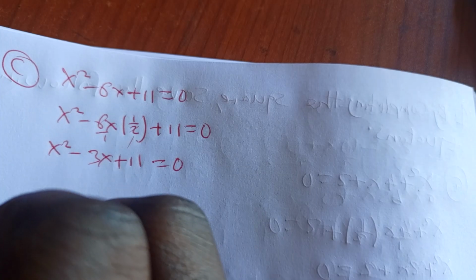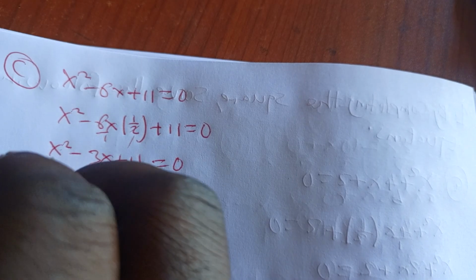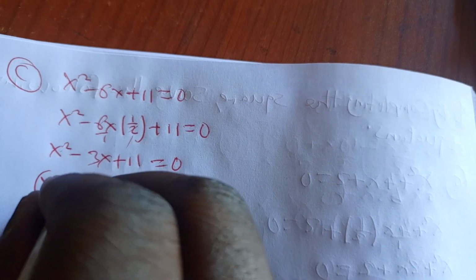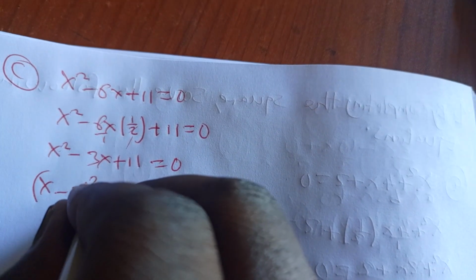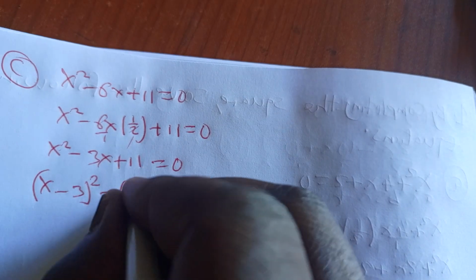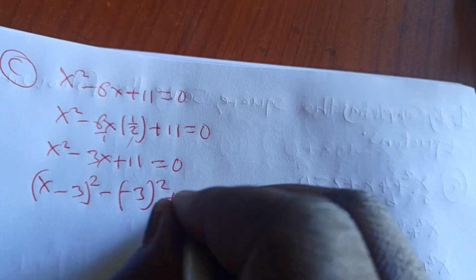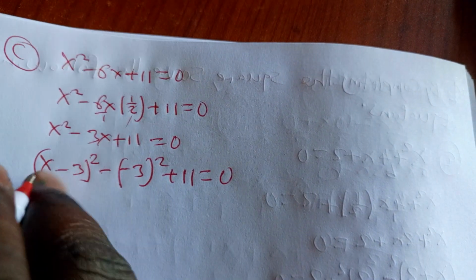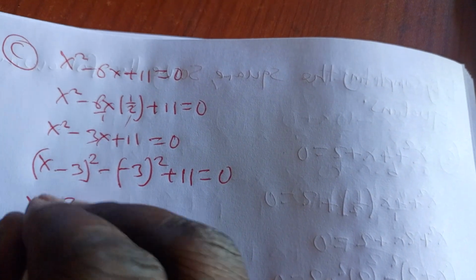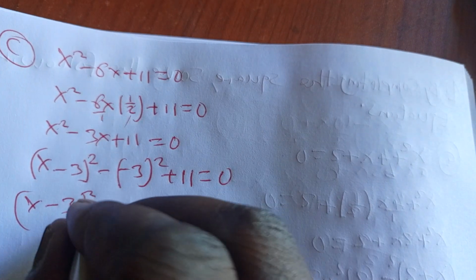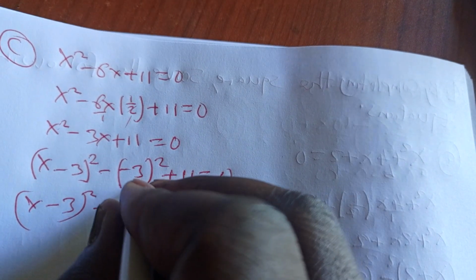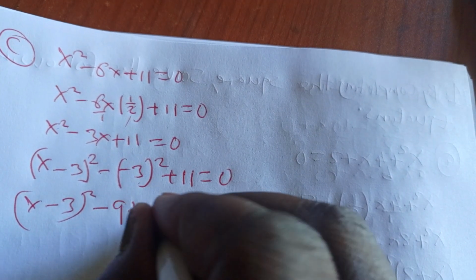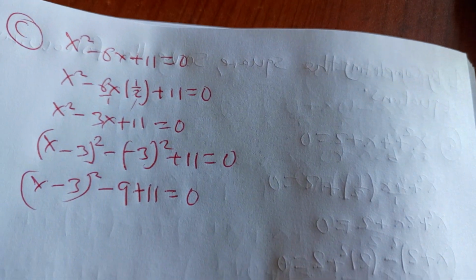Then I'll now complete the square. I'll reduce x, so (x minus 3) to the power 2, then minus this negative 3 squared to come out like this, then plus 11 is equal to 0. So (x minus 3) squared minus 9, plus 11 is equal to 0.